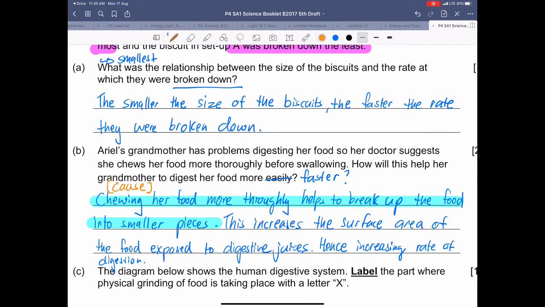The effect of it is that it will increase the surface area of the food exposed to the digestive juice. So this is a very good way to answer your questions. A very good strategy.